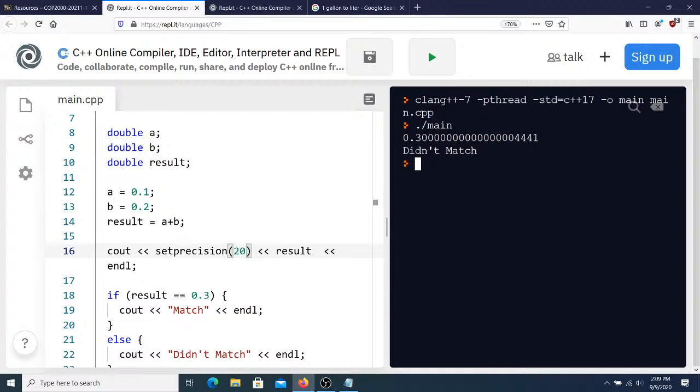So they made the decision very early on that this thing right here, this double, was going to be very fast, but not necessarily exact. They came up with a system of representing these numbers as base 2. It's just not intuitive to most people. Computers are very fast at base 2 because of on and off, switches, binary. So it uses a format that's very fast for the computer to work with.